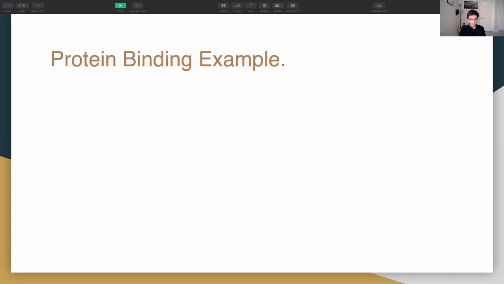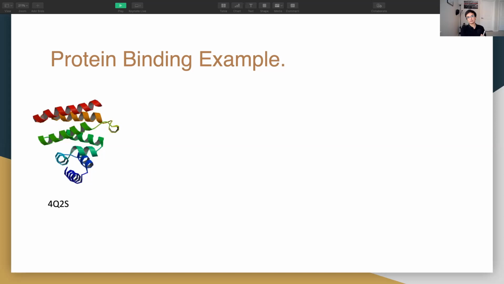After that, I also want to discuss one more interesting example in the quantum computing space, called the protein binding example. This is my research domain, and this is where I am doing my research. Let's say I have a structure of a protein, as you can see, the protein 4q2s.